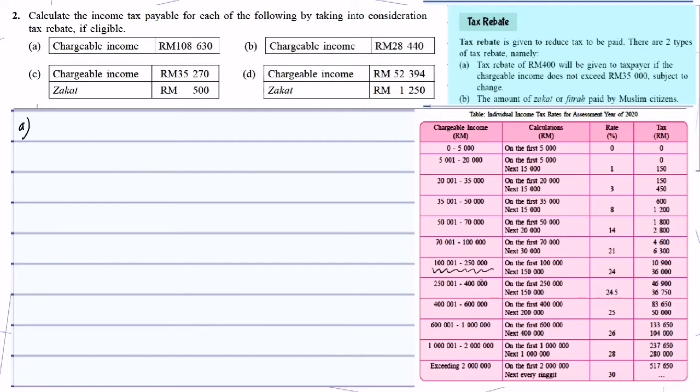So we refer to this one. On the first 100,000 ringgit, the tax is 10,900. For the next 150,000 the rate is 24%.